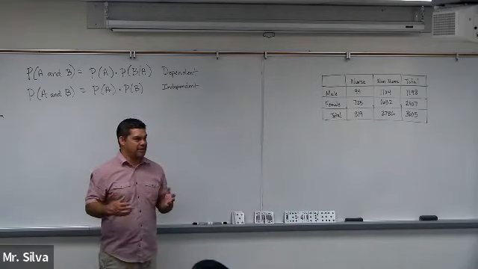Find the probability of being male given that they are a nurse. We saw the probability of being a nurse is 819 out of 3,605. Probability of being a male given that they are a nurse. This little thing right here means given that.